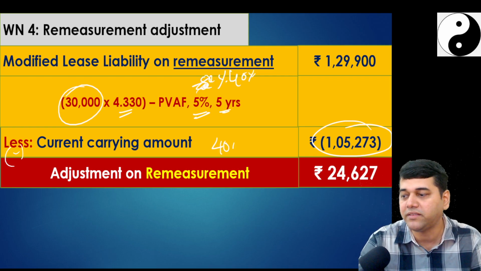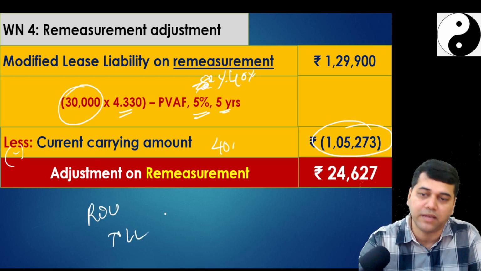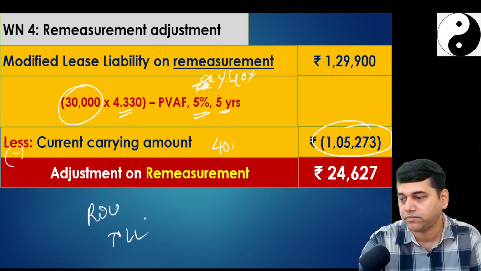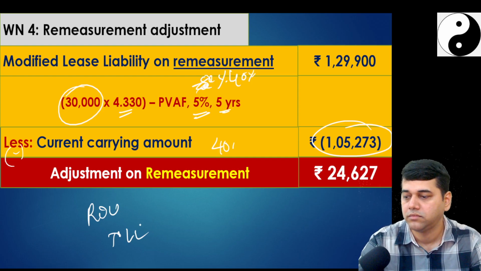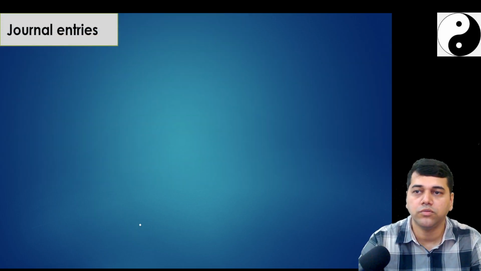Yes, for this I'll pass the entry ROU asset account debit to lease liability. Followed?